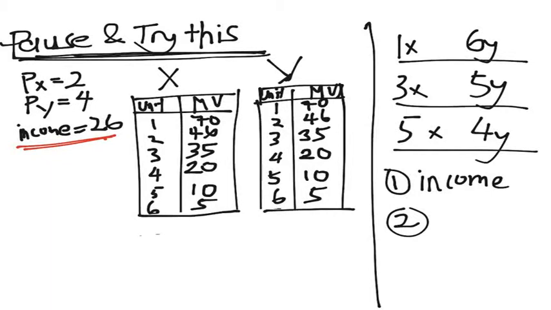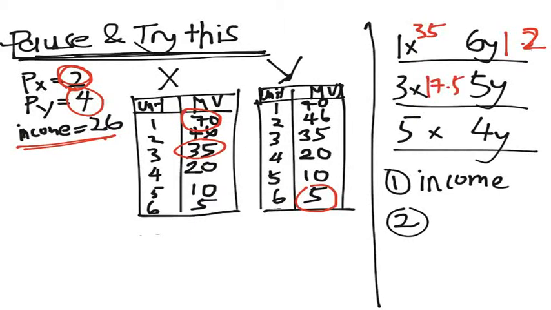If it's 1X, the marginal utility is 70, the price is 2, so the marginal utility over price is 35. If 6Y, it's 5 divided by 4, which is 1.25. No, sorry, 1.2. Now, if it's 3X, the marginal utility over price is 35 divided by 2, which is 17.5.